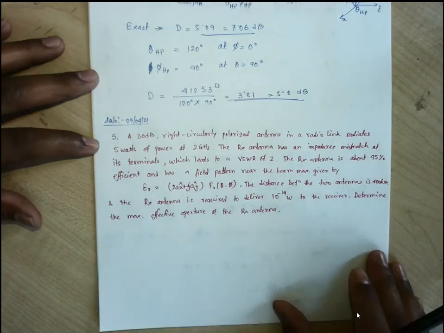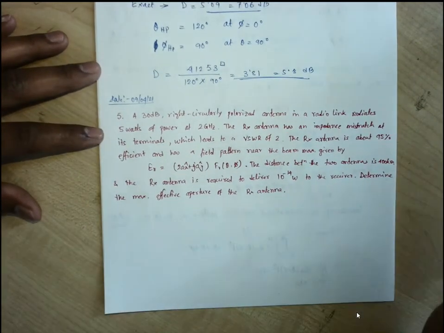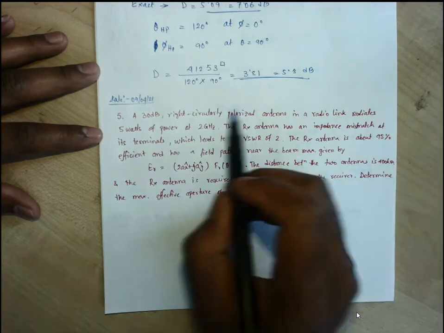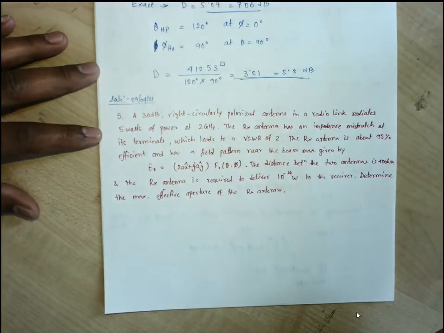So this is all about the problem. It says that a 30 dB right circularly polarized antenna in a radio link radiates 5 watt of power at 2 gigahertz. So this is the power level of the transmitting antenna, which radiates 5 watt at 2 gigahertz operating frequency.